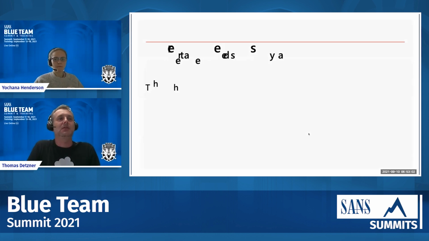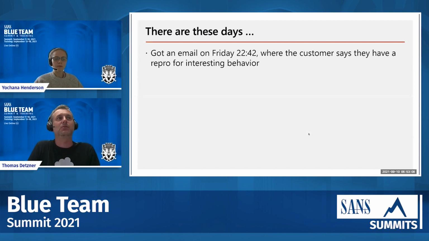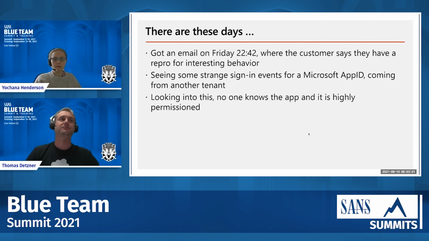Before we get started, we wanted to start off with a little story. A couple of weeks back, on one of those Fridays, it was late, well past 10 p.m. at night. I got an email from a customer saying that they had a report of very interesting behavior in their tenant. They saw some very strange sign-in events for a Microsoft App ID, which was coming from another tenant not under their control.